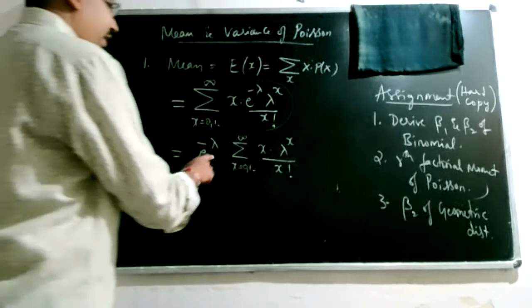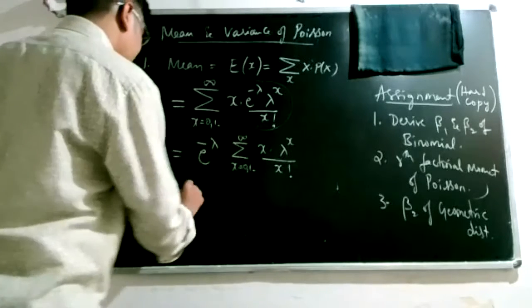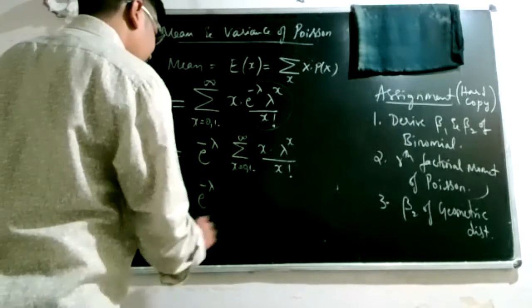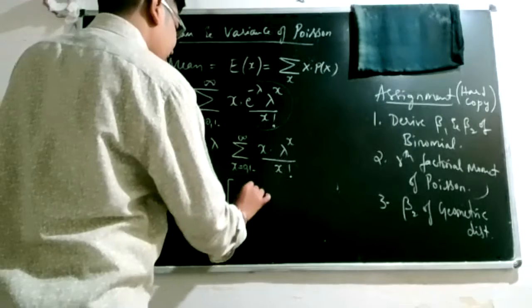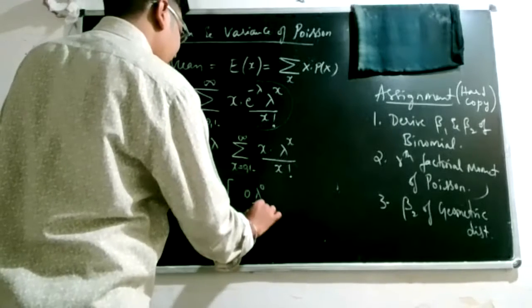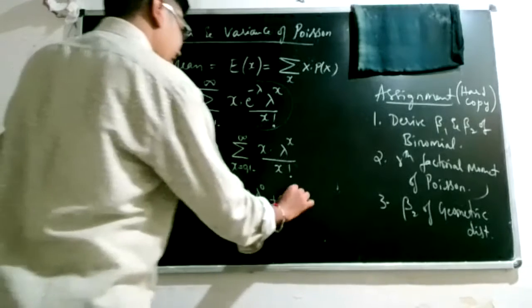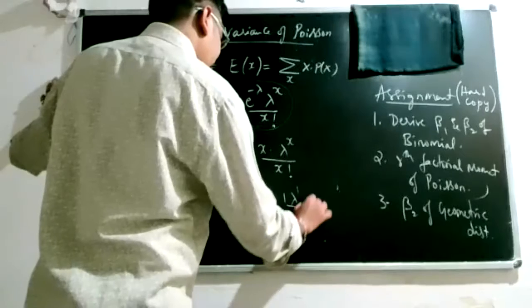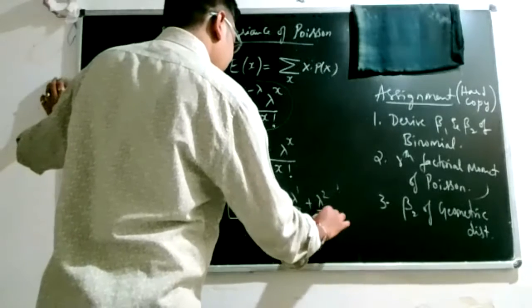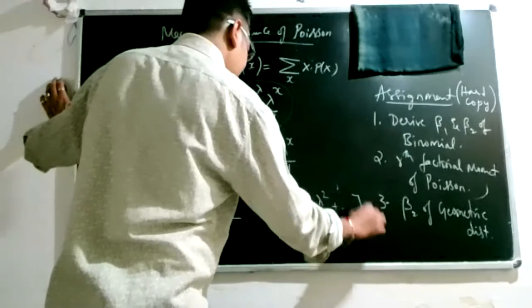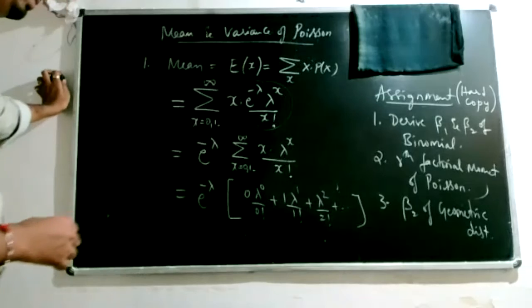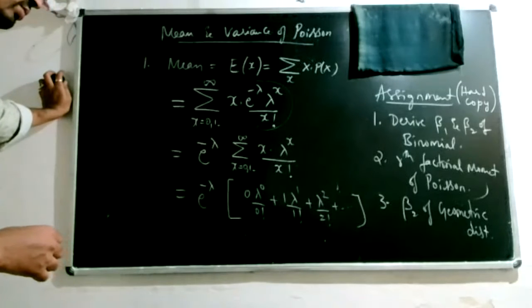When I put x equals 0, 1 and so on, I observe that I get 0 into lambda power 0 by 0 factorial, plus 1 into lambda power 1 by 1 factorial, plus 2 into lambda power 2 by 2 factorial, and so on.